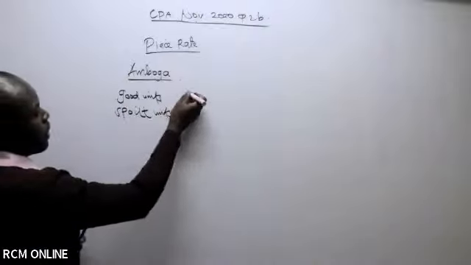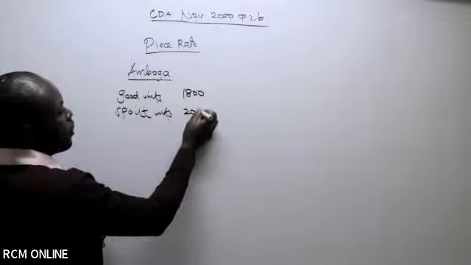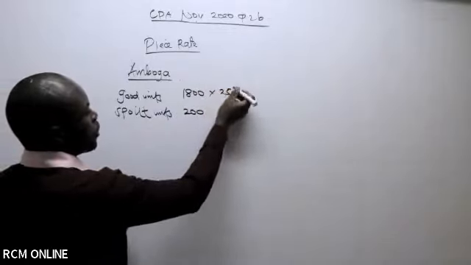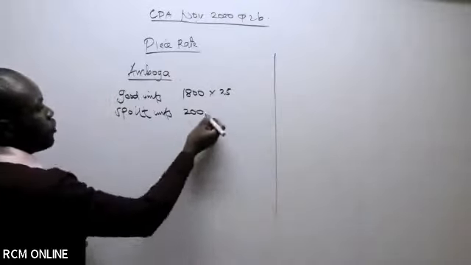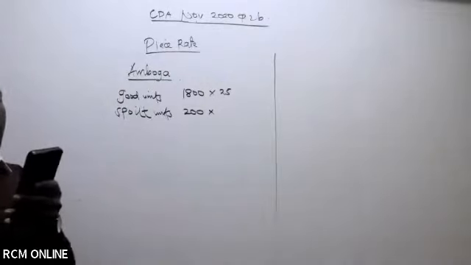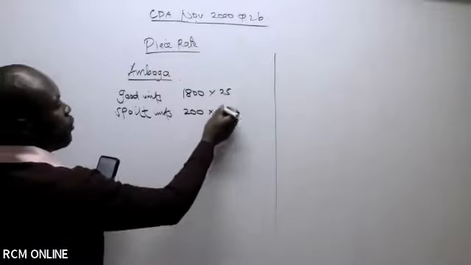So good units is 1,800. Then spoiled is 200 units. So for the good unit, the company is paying how much? 25 shillings, right? Then the spoiled units, the company is paying how much? Any spoiled output is paid at the rate of 10 shillings per unit, right?